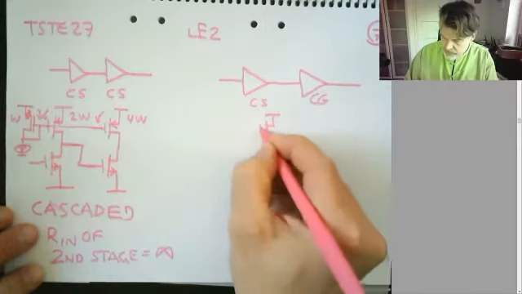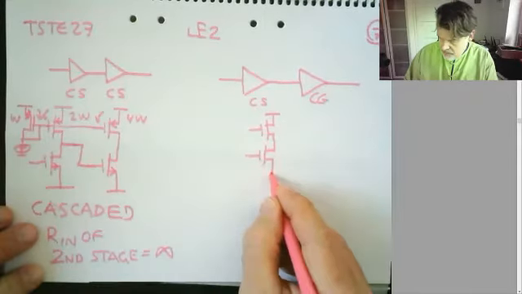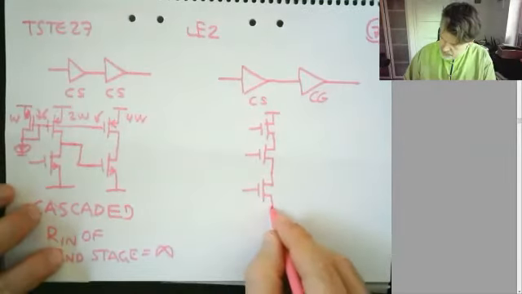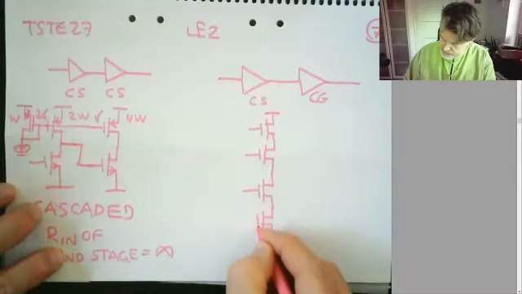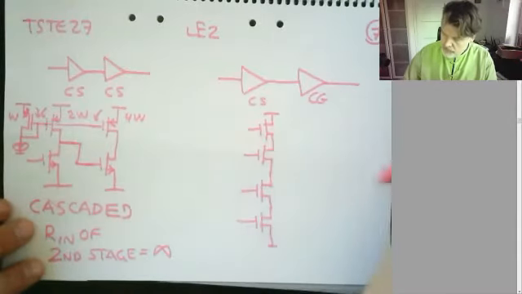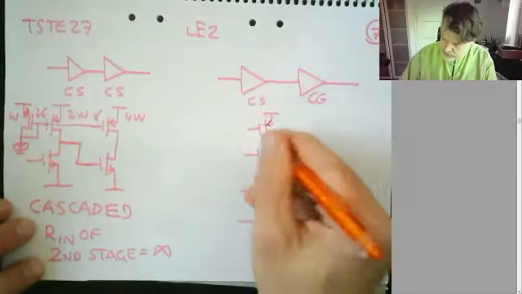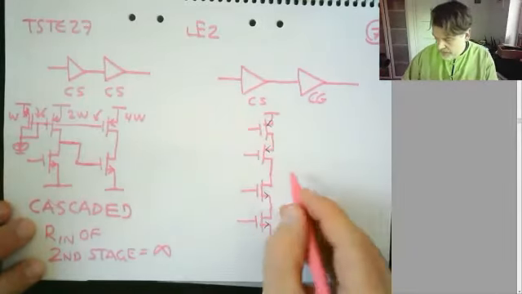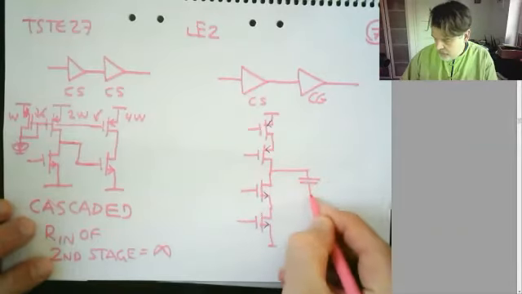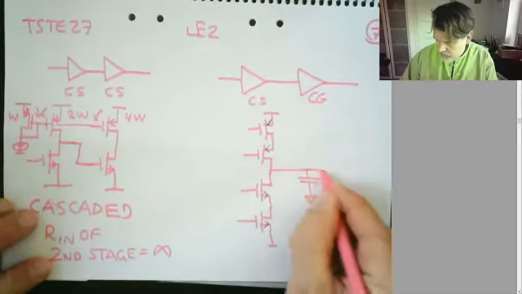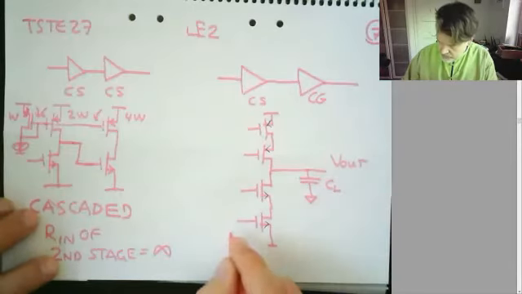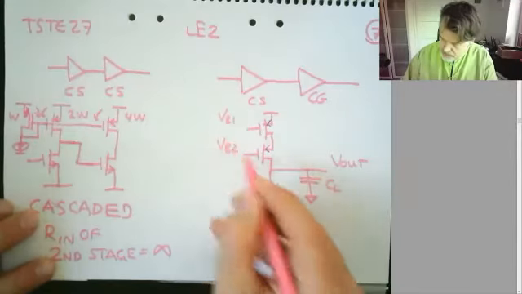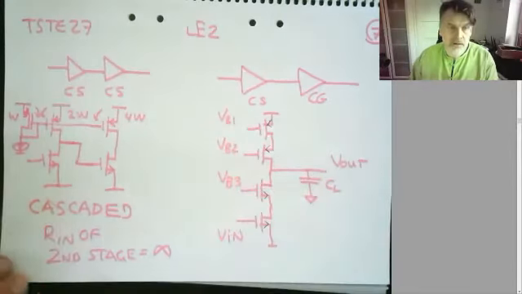I would have two transistors on the top, another transistor, and then my last transistor at the bottom, like this. So this is a PMOS, PMOS, NMOS, NMOS. And I would probably connect to some sort of capacitive load. And I would have V out here, and I would have V in here, and I would have V bias 1, V bias 2, V bias 3 on the different transistors.